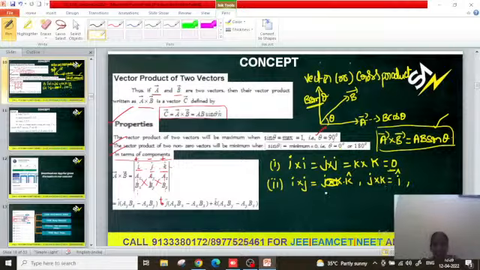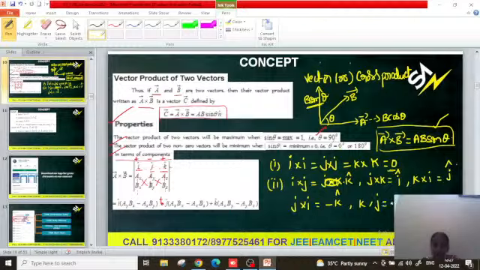Of course their magnitude is equal to 1. k cross i will be equal to j cap. If we are taking j cross i in the anti-clockwise direction, then it will be minus k cap. k cross j will be minus i cap. i cross k will be equal to minus j cap.